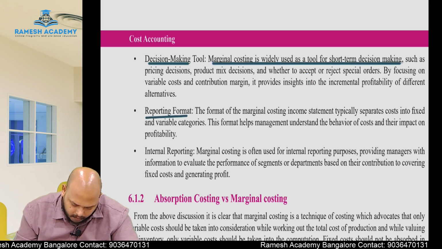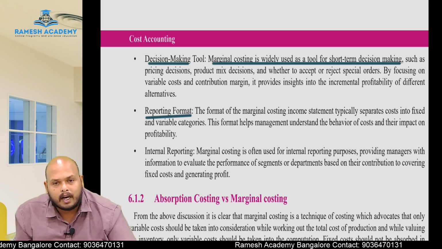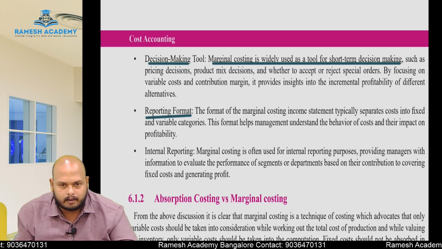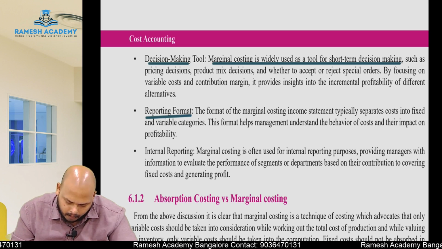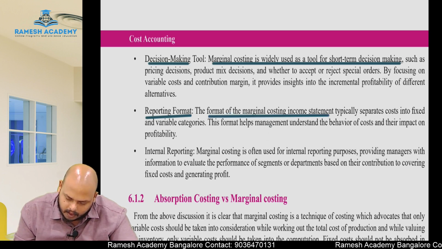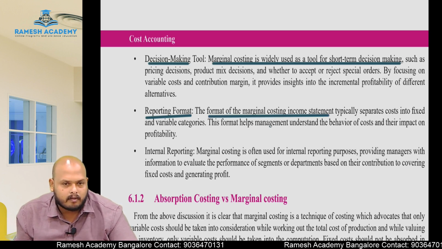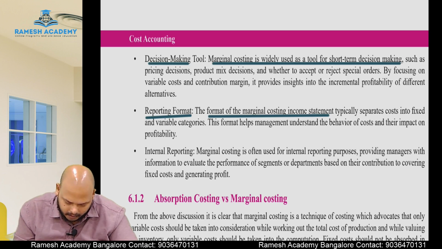Next, reporting format. The format of marginal costing is an income statement, and already we did sales minus variable cost, contribution minus fixed cost, profit or loss. That is the format, which is very easy. We categorize fixed cost in one category and variable cost in another.